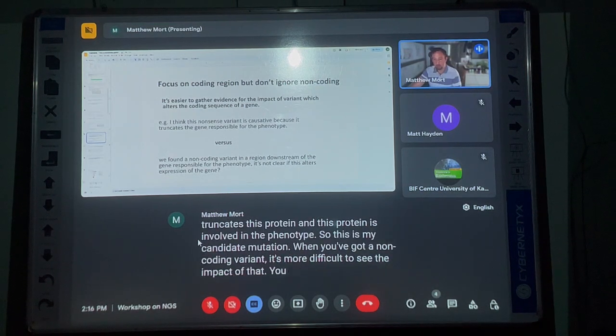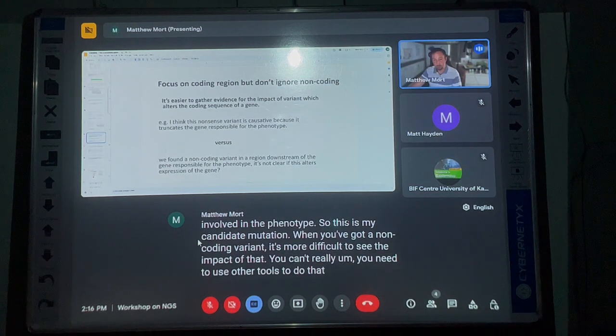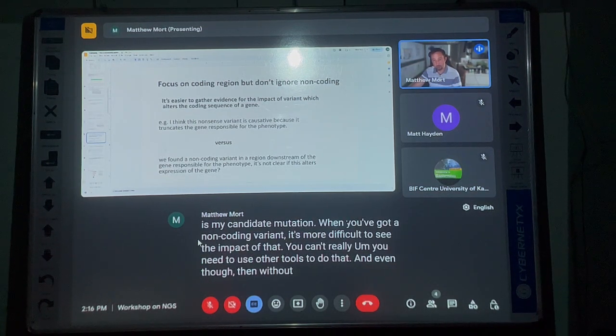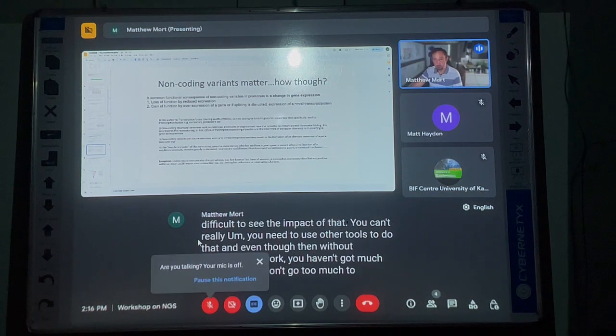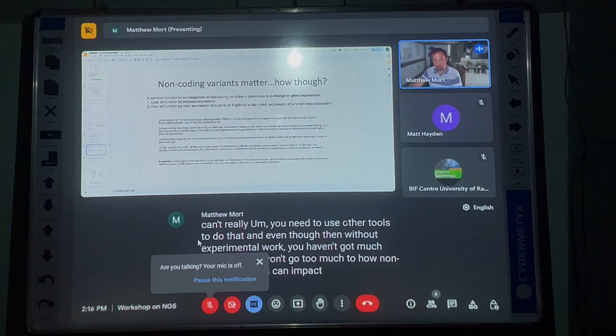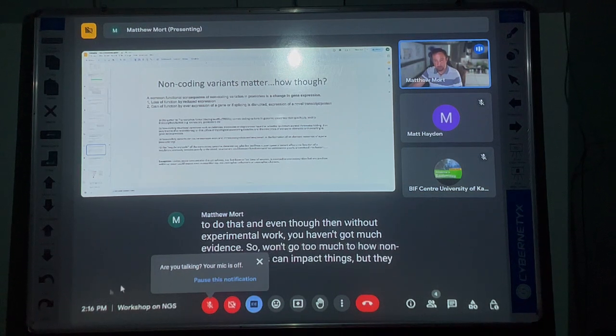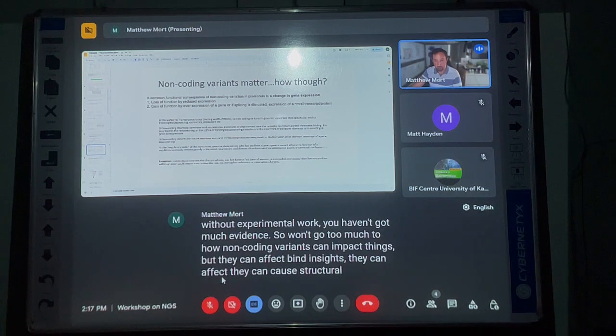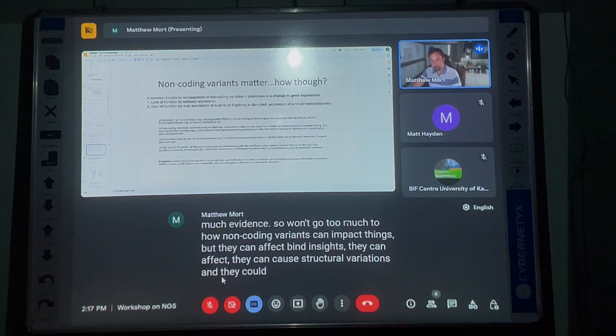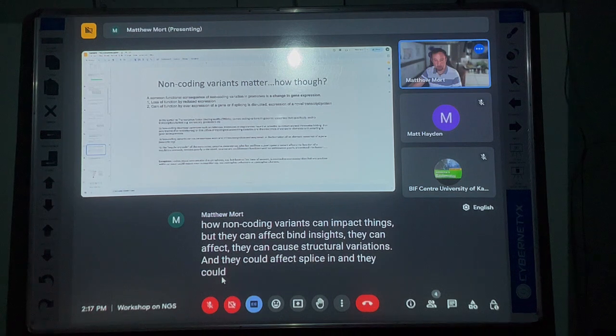You need to use other tools to do that, and even then, without experimental work, you haven't got much evidence. I won't go into too much detail on how non-coding variants can impact things, but they can affect binding sites, they can be structural variations, they could affect splicing, and they could affect regulation of genes up and down.